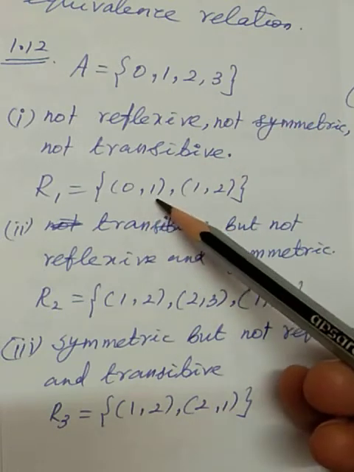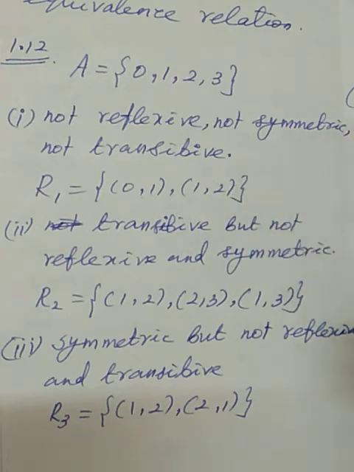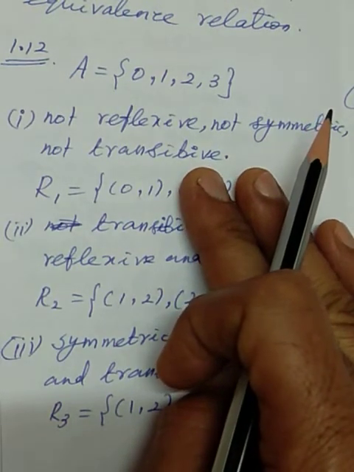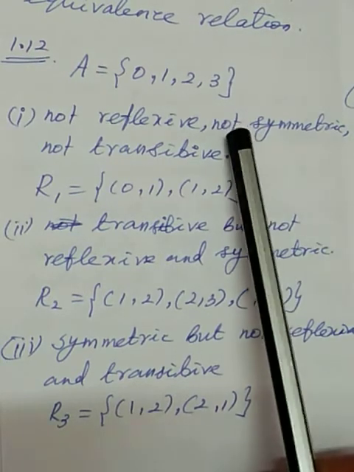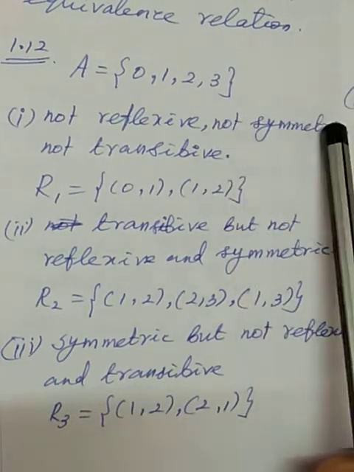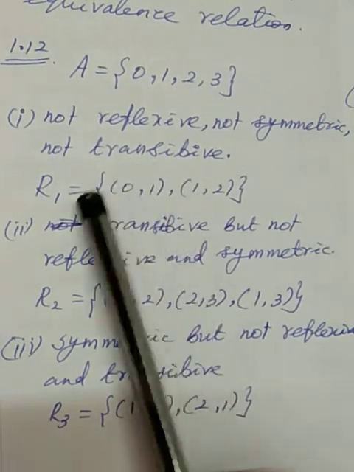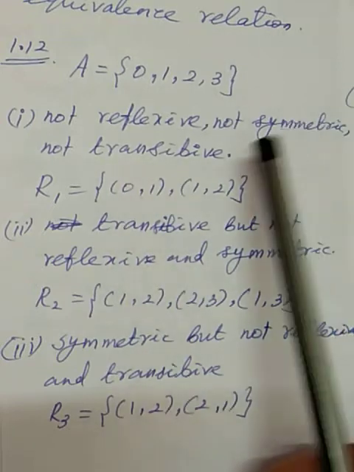So here given (0,1) and (1,2). So it is an example. Suppose instead of (0,1), (1,2), you just write (0,1), it is also not reflexive. But they asked to find not symmetric. If (0,1) is present in R1 and (1,0) is also present in R1, then it may be symmetric.